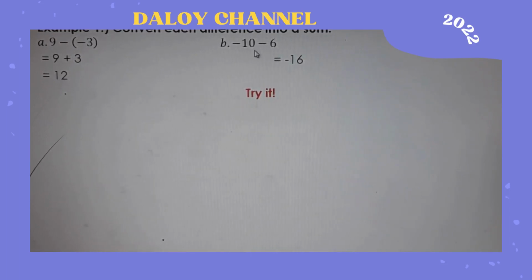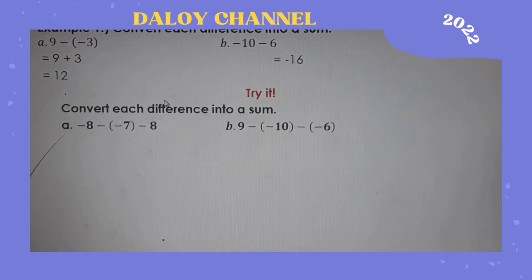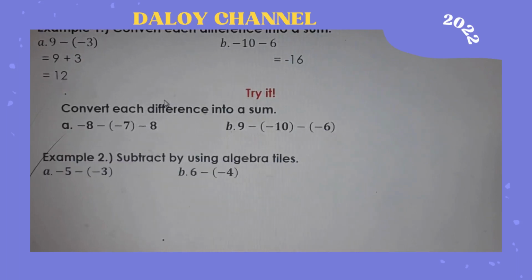Negative 10 is like sign to negative 6, so we are just adding directly. So the final answer is negative 16. For your own consumption again, try to answer the Try 8 activity.